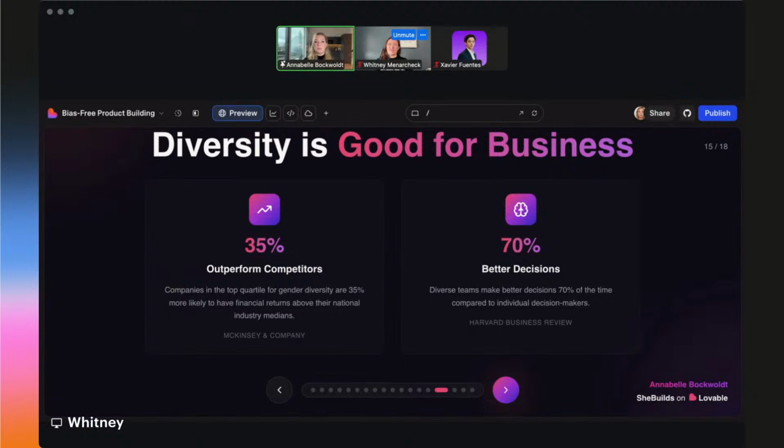And diverse teams apparently make better decisions 70% of the time compared to individual decision makers. So a diverse group has better output than one person taking a decision alone, because you have this variety of perspectives. That's a Harvard Business Review article in this case, but probably there's a study behind this as well.